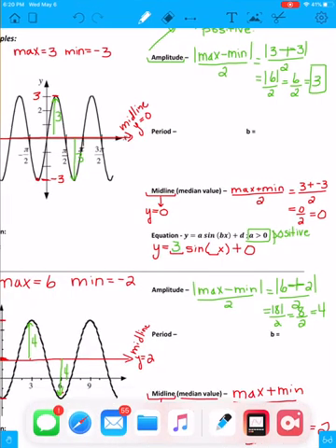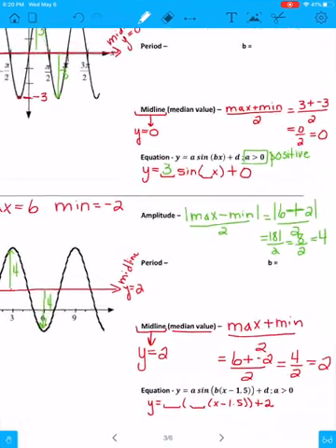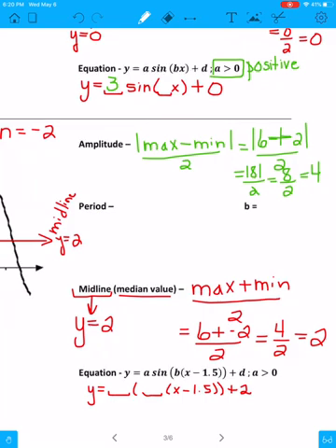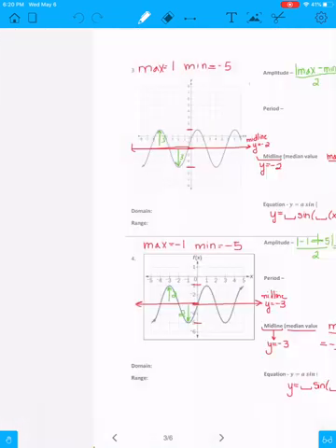Let's look at the next one. For number 2, our amplitude is 4. So our A is going to have to be 4. Now we have to look. Oh, A is greater than 0, so A is positive. So we have a positive 4. I don't have to make a negative. Let's look at the next one.